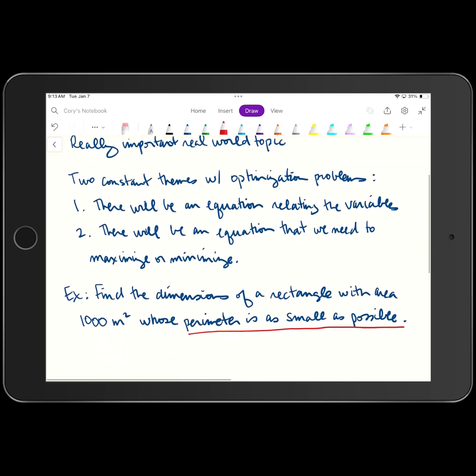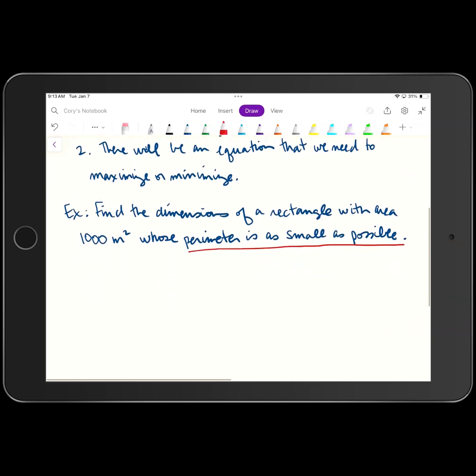Okay, and we've talked about how we find maximums and minimums of functions earlier on in chapter 5. So we're just going to do one example on this video where the directions ask us to find the dimensions of a rectangle with area 1,000 square meters whose perimeter is as small as possible.